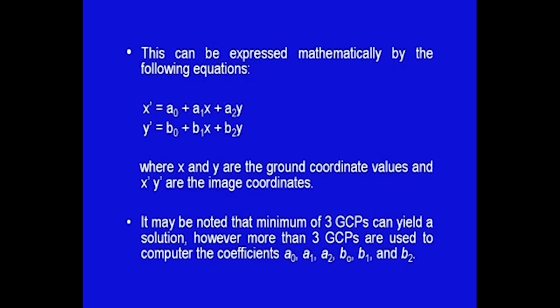Thus, this can be expressed mathematically by the following equations: x dash is equal to a0 plus a1 x plus a2 y, and y dash is equal to b0 plus b1 x plus b2 y, where x and y are the ground coordinates values and the x dash and y dash are the image coordinate values.